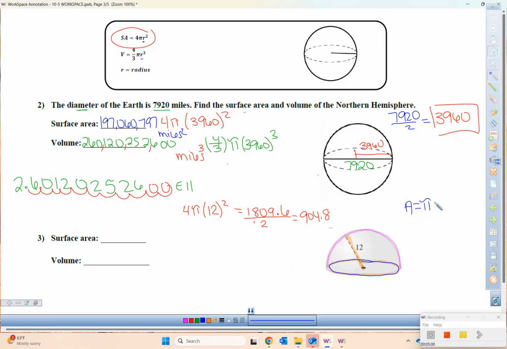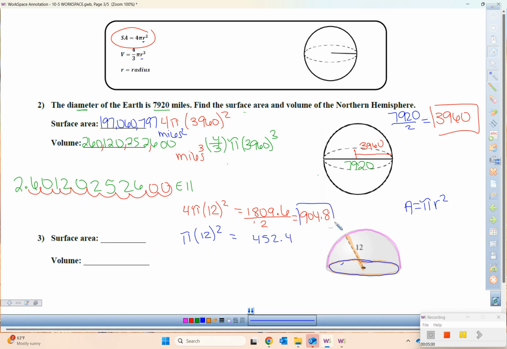On your formula card. Pi r squared, okay? So we're going to have pi, our radius is 12, squared, and we get pi 12 squared, and I get a number like 452.4 when I round it.